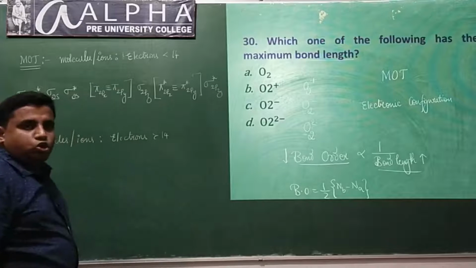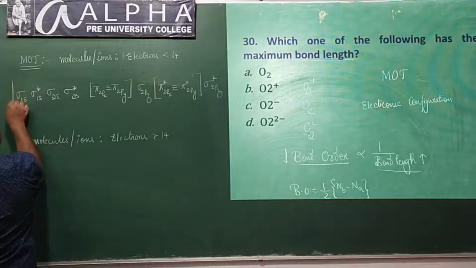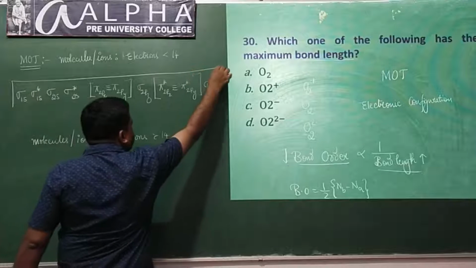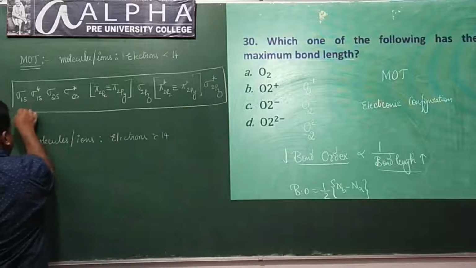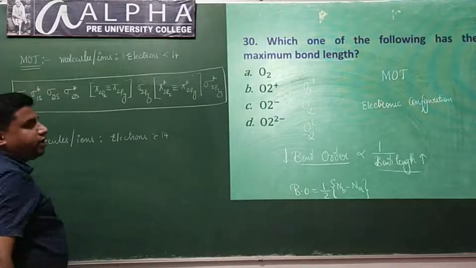This is the configuration we follow for molecules with fewer than 14 electrons.